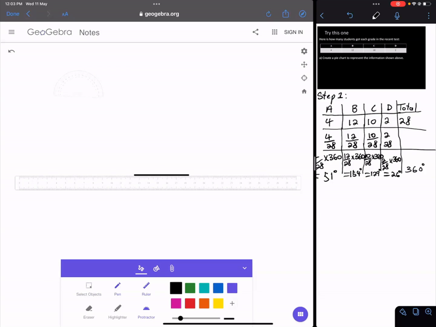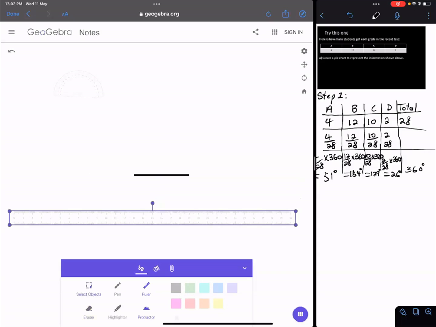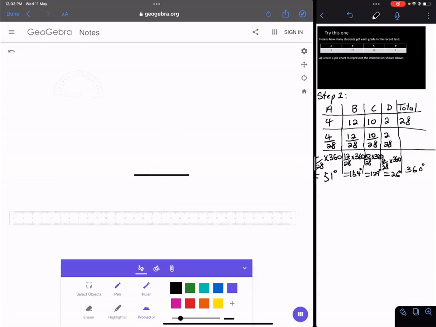So it's a straight line, and we're going to use the end point here as our center.